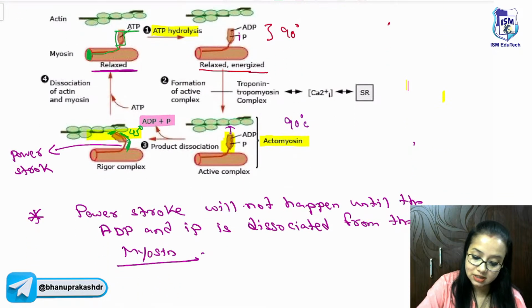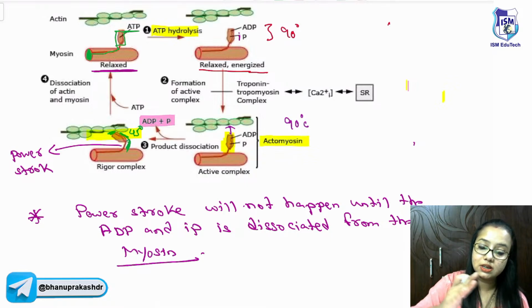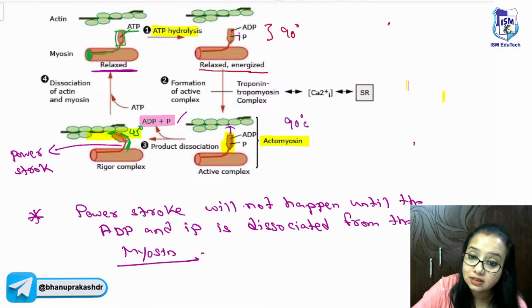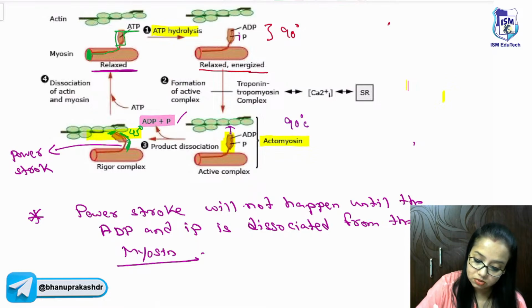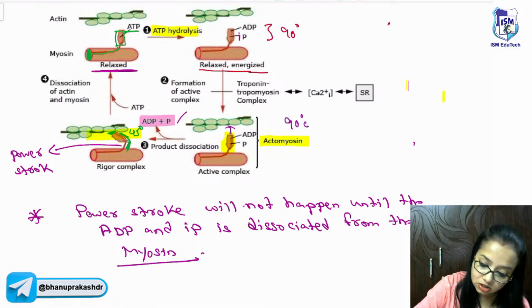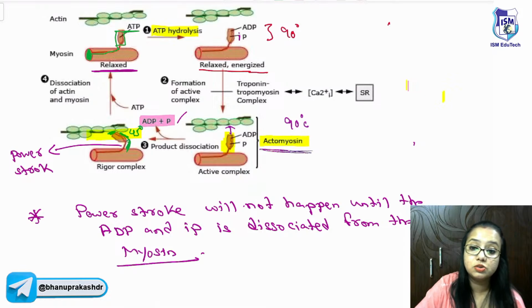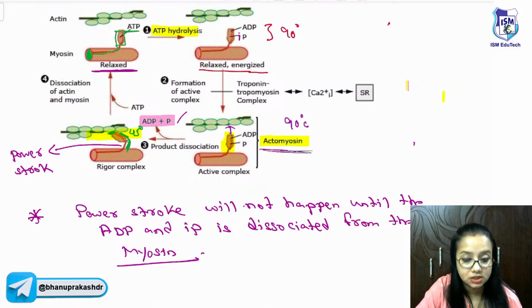In this 90 degree form itself, it moves closer towards the actin molecule, which now has the binding site open. When this myosin moves closer to the actin, this configuration is termed the actomyosin complex. Acto from actin, myosin from myosin. So this actin and myosin, which have minimal gap at 90 degrees, is called the actomyosin complex.